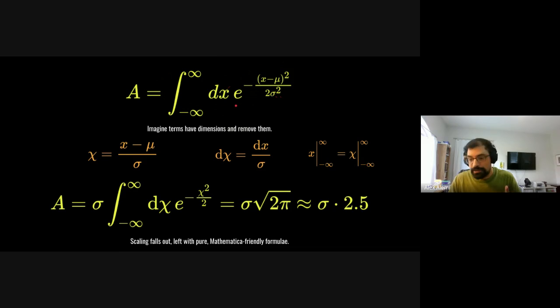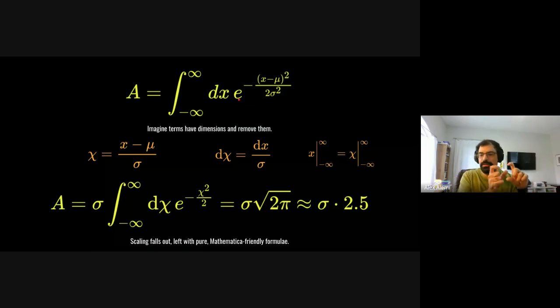Another consequence: since you can only add or subtract things that have the same dimension, all nonlinear functions like exponential or sine or logarithm can only take dimensionless arguments. Why? Because an exponential, if you write the Taylor expansion, involves a sum of a whole bunch of different powers. e to the x goes like 1 plus x plus x squared over 2 plus x cubed over 6, etc. Whatever that x is, it has to be dimensionless because I'm adding x to its square, its cube, its 4th power, its 5th power.